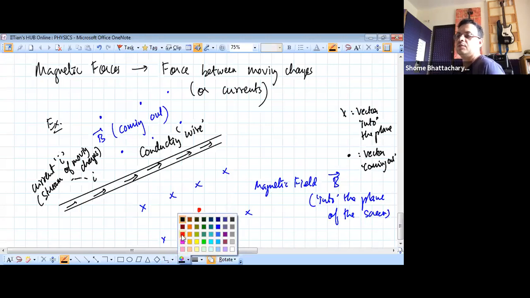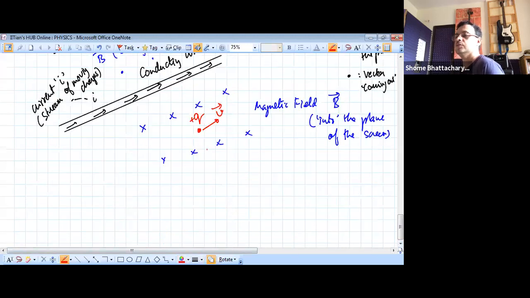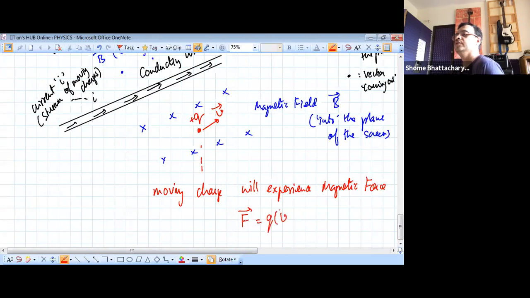Now it turns out that if you have a charged particle here, let's say like this, which is moving with a velocity v like this, that charged particle experiences magnetic force. The moving charge will experience magnetic force given by the formula Q into V cross B. So in this diagram, you can see the direction of V cross B for this particle here will be in this sort of direction.